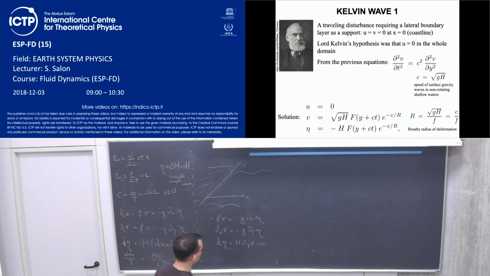If we consider these two equations, we can see that there is just a variation in t and a variation in y.